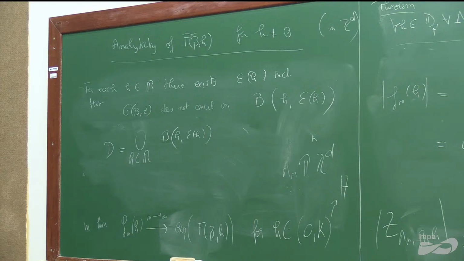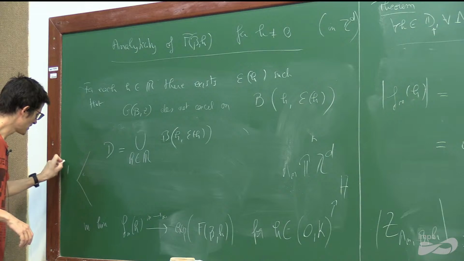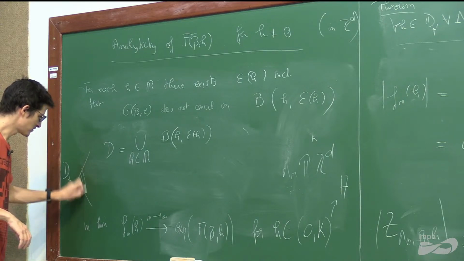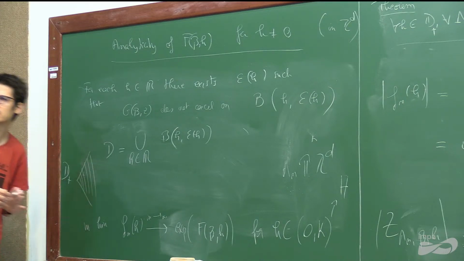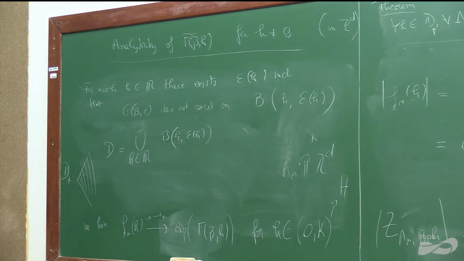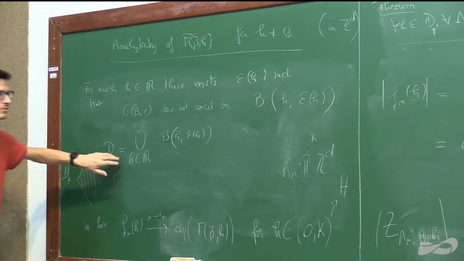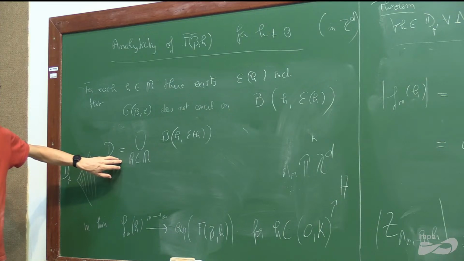And on this, you can define the log. So if you're not interested in having the extension of the free energy on the whole of D plus, then you don't need this last bit to conclude. You can conclude just using this. Okay?